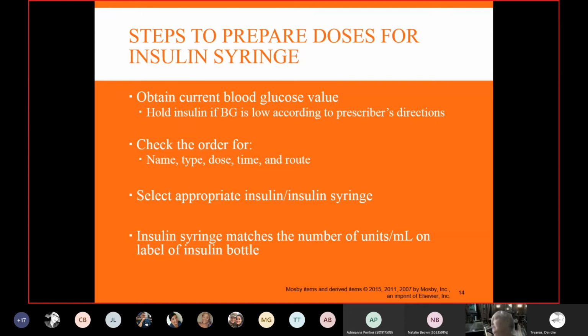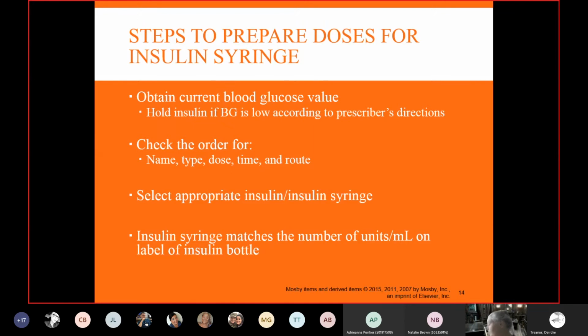Most of the time in facilities you'll do a sliding scale, so their insulin dose will be based upon their blood glucose level. There are specific parameters for when to call, but also specific parameters to treat. So if it's between 50 and 60, you'll give XYZ snack or something.